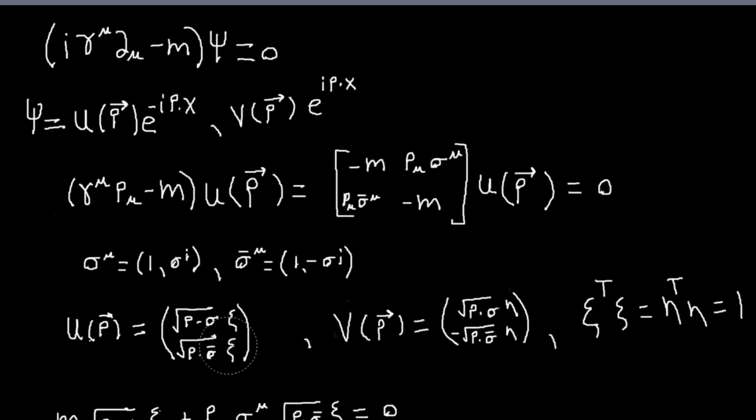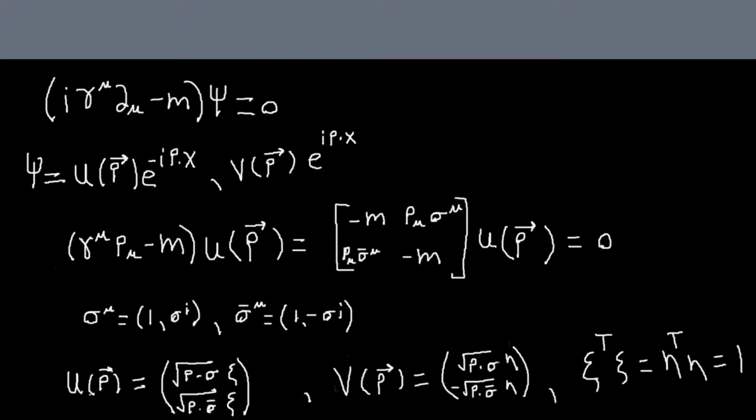And so basically the answer is this. So u can be any spinor that looks like square root of p dot sigma times this two-component spinor. I don't know what this letter is called, just squiggly. But it's some two-component spinor, and the top half, and then the bottom half is this thing multiplied by the same spinor.